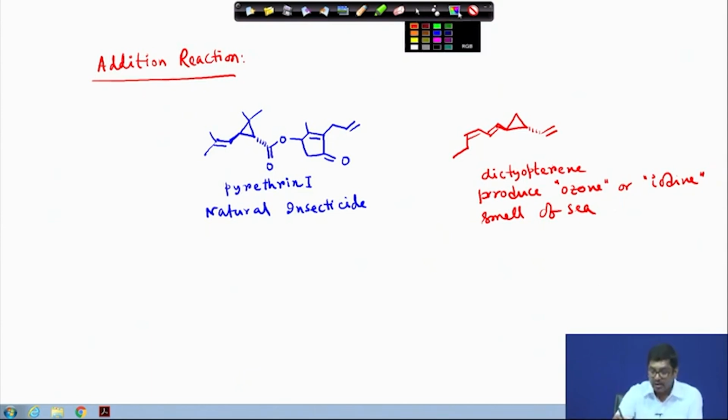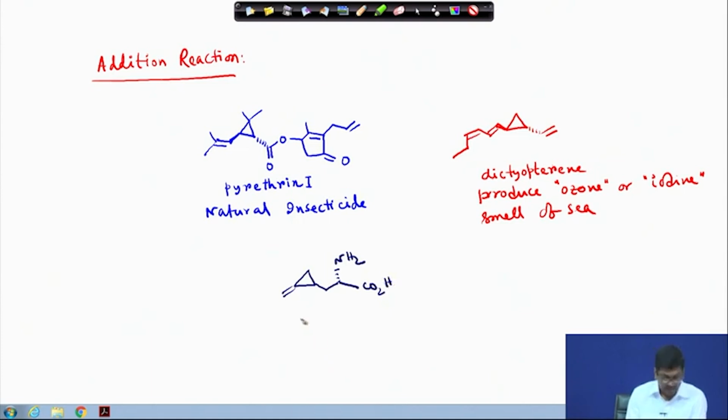One more example we will learn. This is also another small example. The name of this cyclopropane-containing organic molecule is hypoglycine. Okay.